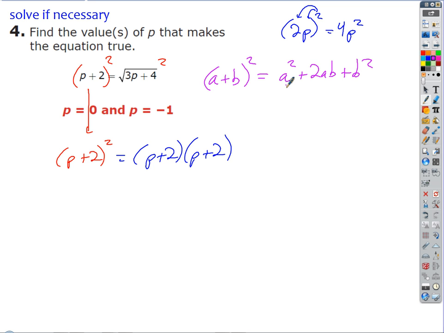So I'm going to get p squared plus 2 times p times 2 is 4p, plus 2 squared is 4, right? And on the other side, if I square a square root, I just undo the radical, right? So those go away, and I just get 3p plus 4.